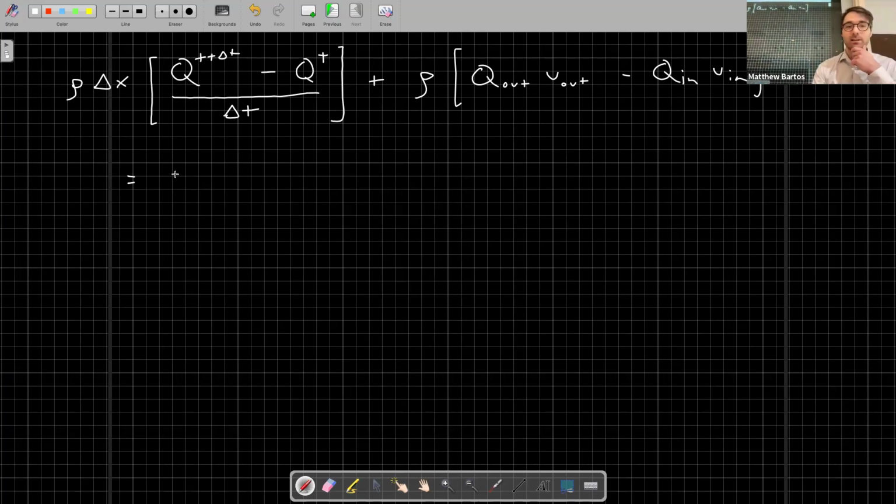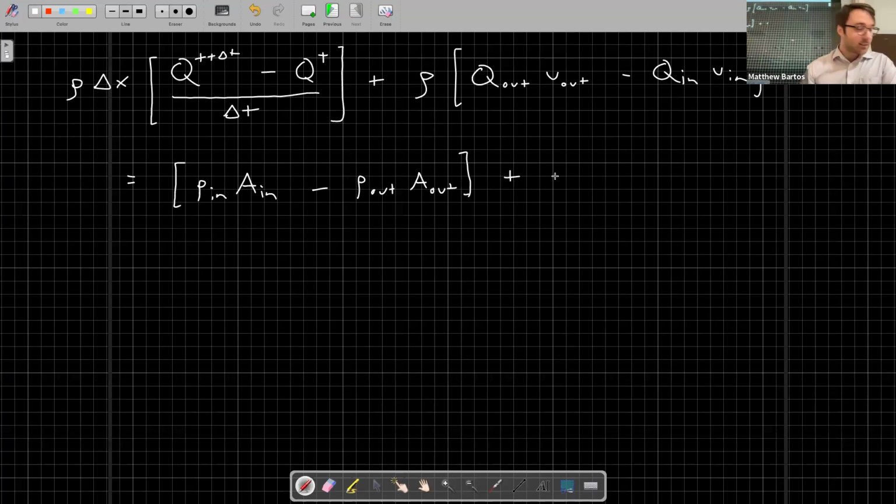First, let's look at the pressure force. I'm going to write this as P in times A in. That's the pressure at the upstream side times the cross-sectional area at the upstream side, minus P out, A out. That's the pressure at the downstream side times the cross-sectional area at the downstream side.